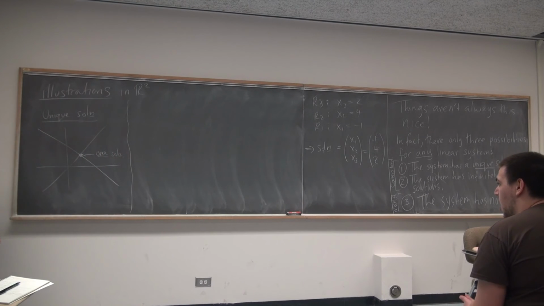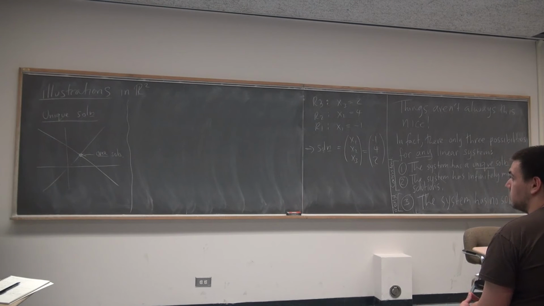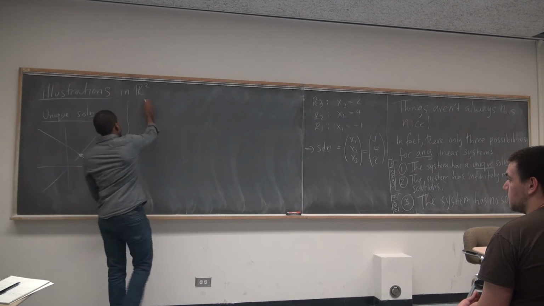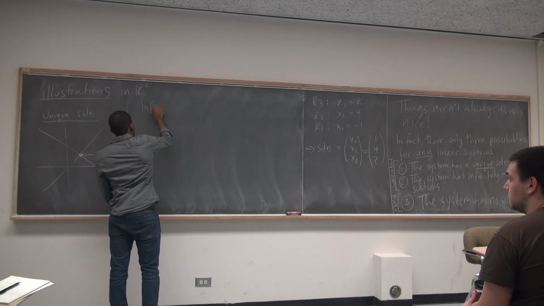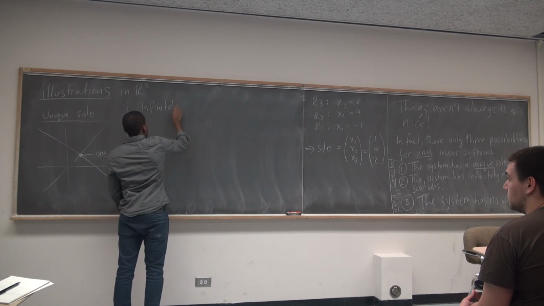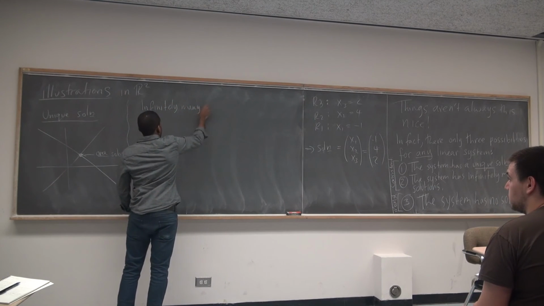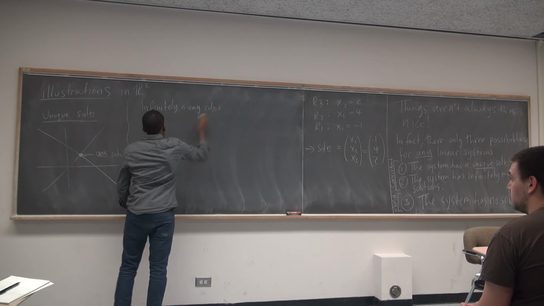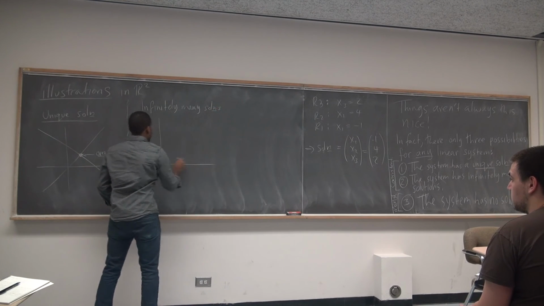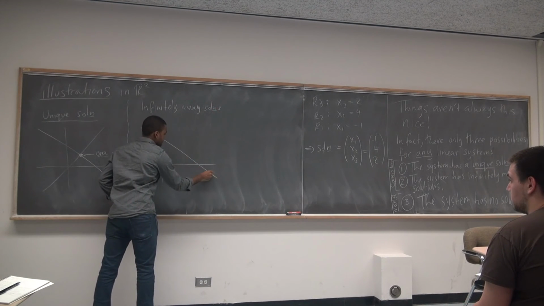There's a unique solution. You can't have two straight lines that are non-parallel, and they intersect at more than one point. It would mean you don't actually have a line, right? So there's an example of that. You can have infinitely many solutions. This basically happens when you have one line lying exactly on top of another.